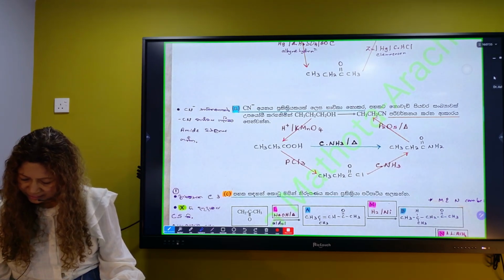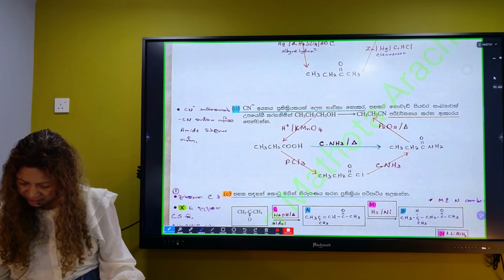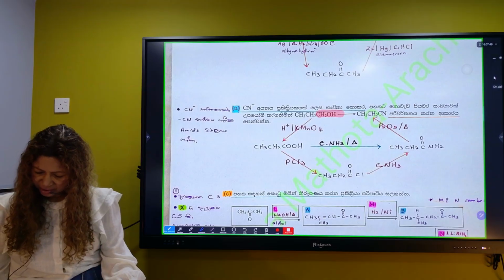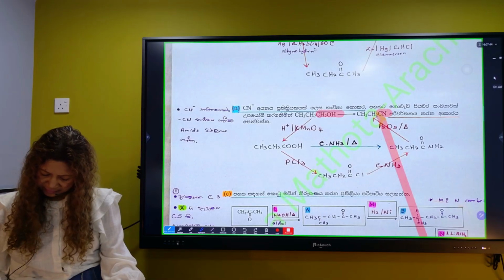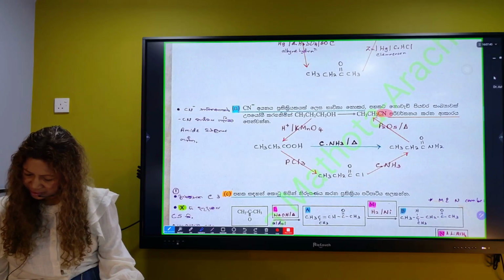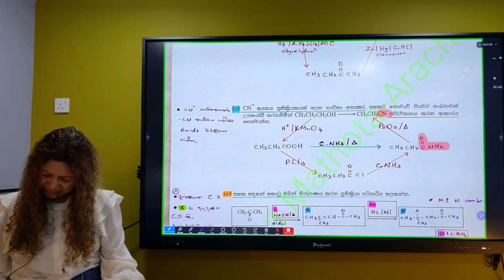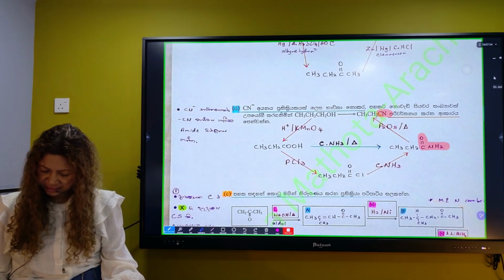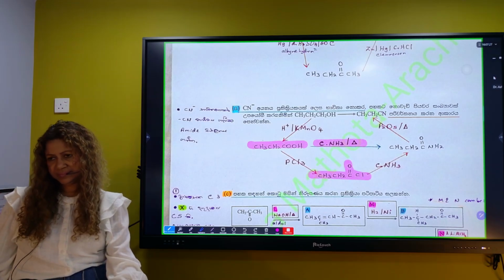Okay, 3 carbon, same 3 carbon, so this CH2OH, you have to convert to CN. To get CN like that, we have to go through this CONH2, P2O5. Then make this amide, carboxylic acid and ammonia or acid halide and ammonia.